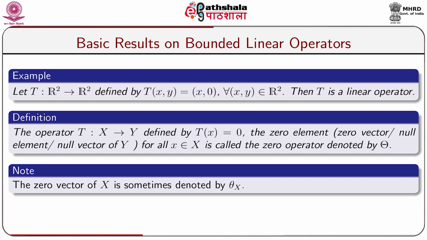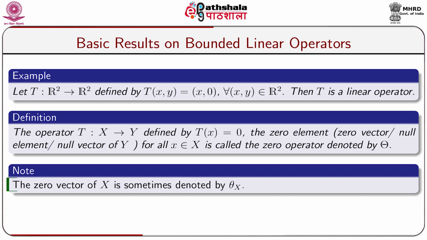Now, we take a definition. The operator T from X to capital Y defined by T x is equal to 0, that is the zero element, or we say the zero vector, sometimes the null element or null vector of capital Y, for all x belonging to capital X, is called the zero operator denoted by big theta.